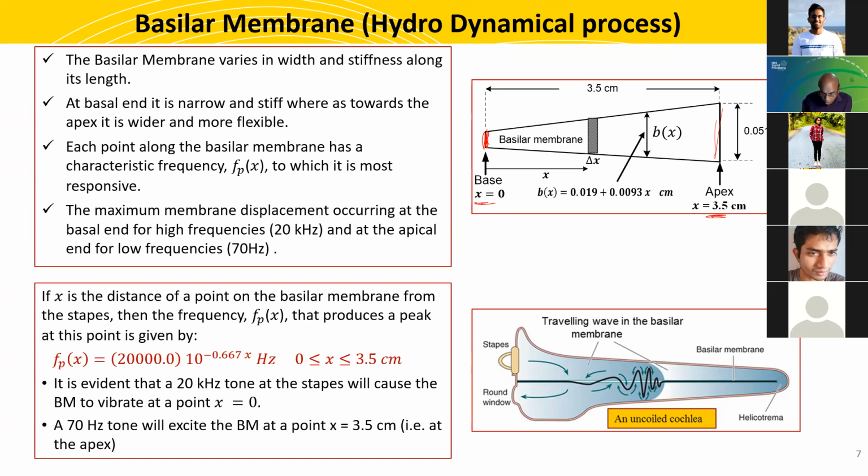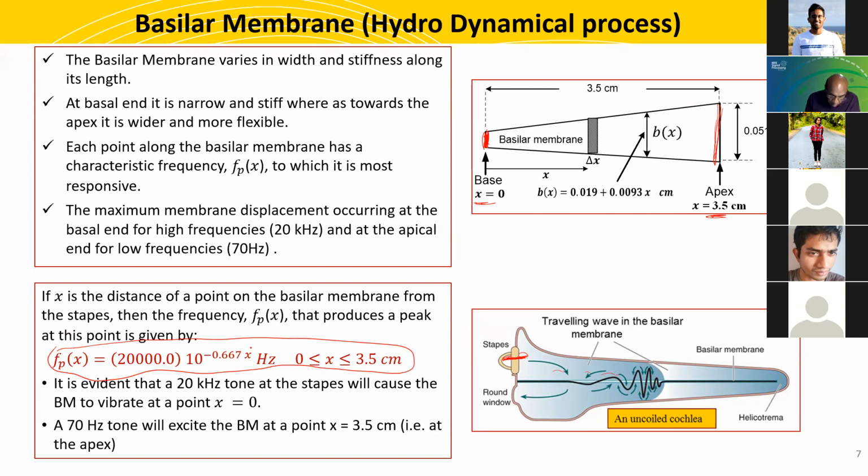So if you disturb this at a frequency, if the eardrum is vibrating at a particular frequency, you will find the fluid waveform travels up to the point where that particular frequency is. You can see that this end is very small, and this is wider. The frequency relationship is given by this equation, which was measured by Békésy back in the 1940s.